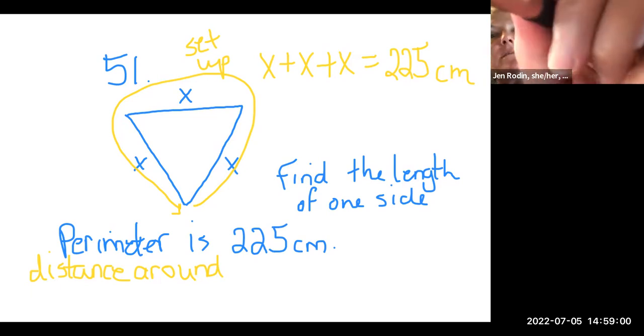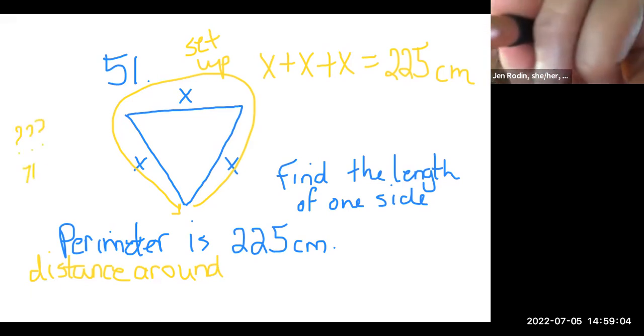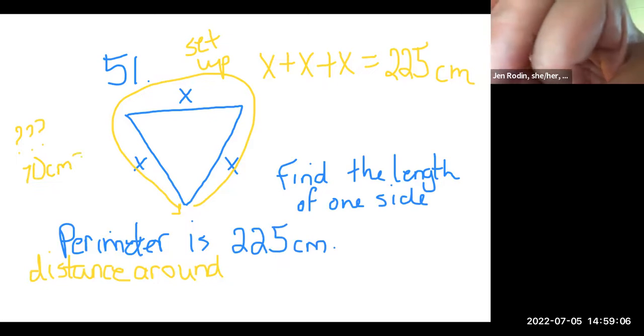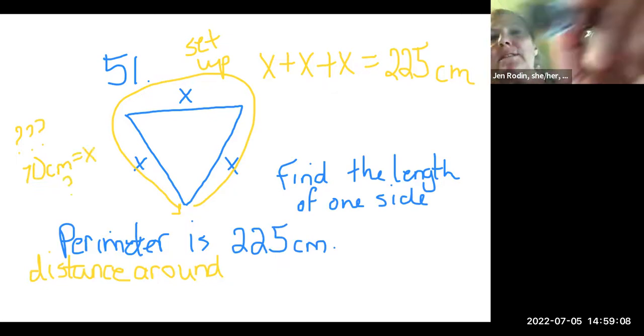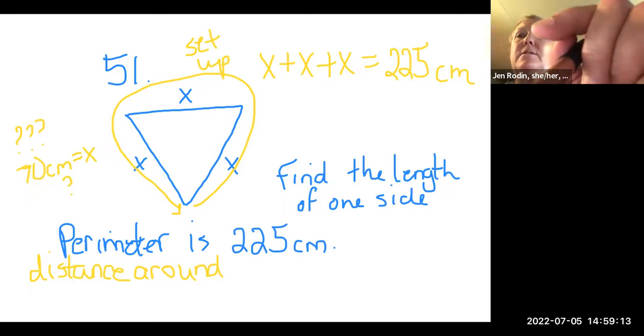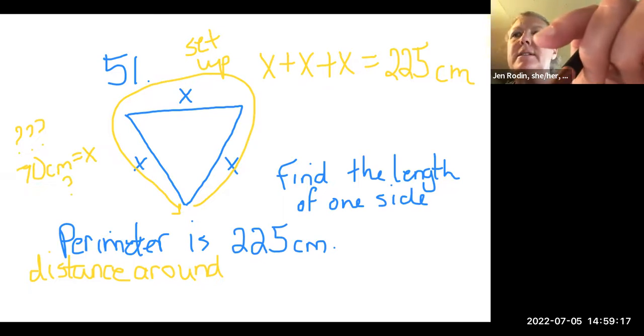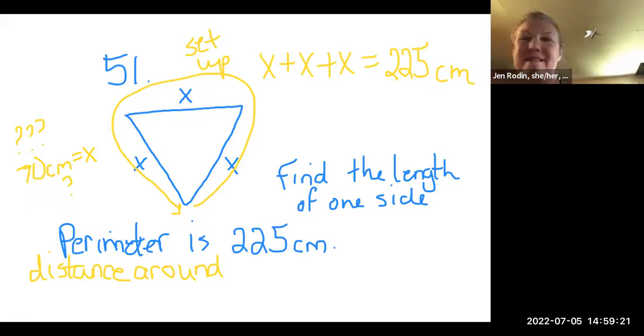So I'll put a question mark here. You don't have to do that, but I would say 70 centimeters equals x, just guessing without even trying to think math wise. So it's good to do that because it helps our brain check in like, is this making sense?